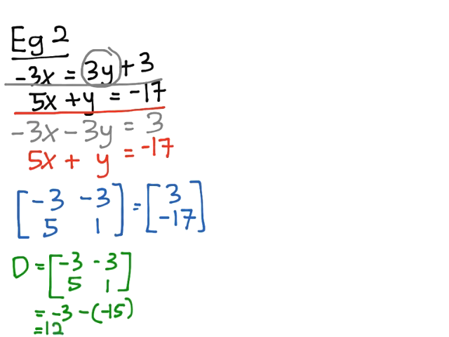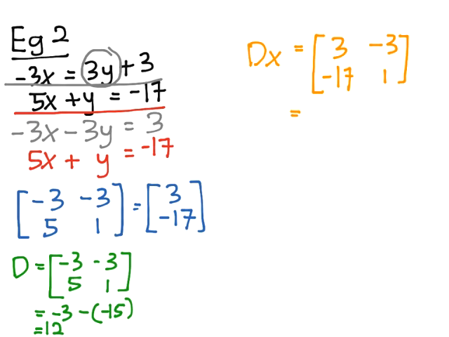The second value that we want to come up with is Dx. For Dx, we need to substitute the second matrix into the x column, which is the first column. So we substitute into the x column, and we come up with 3, negative 17. Then for y, we use the original values, so we have negative 3 with 1.